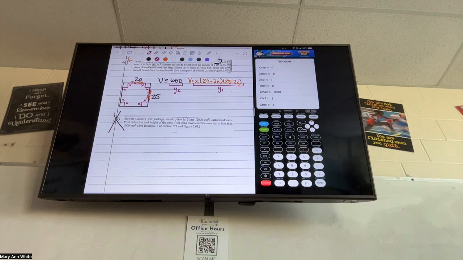Do you remember in these problems I used to ask you for domain? What's the smallest amount I can cut off a piece of paper? Even smaller, 0. Smallest amount I can cut off is 0. And if I'm cutting something off of both sides, what's the biggest amount I can cut off in this situation? 600?